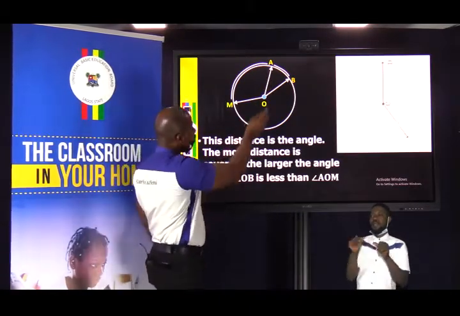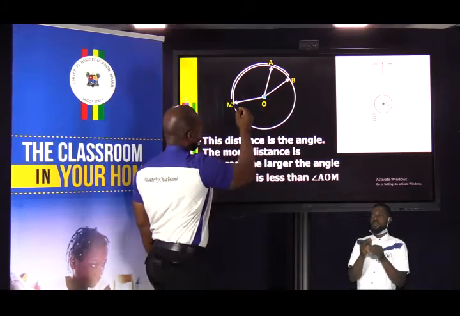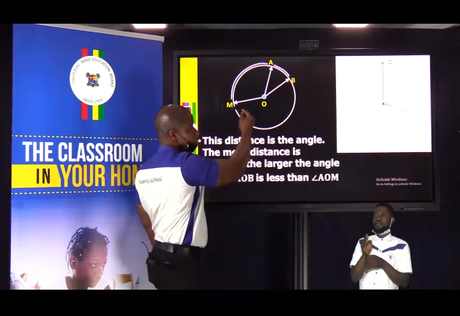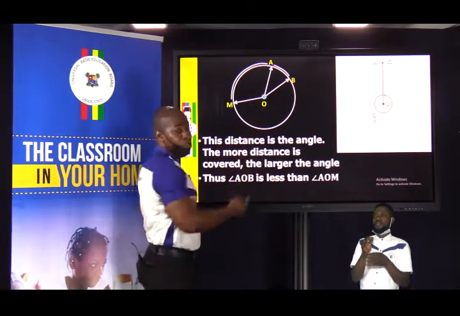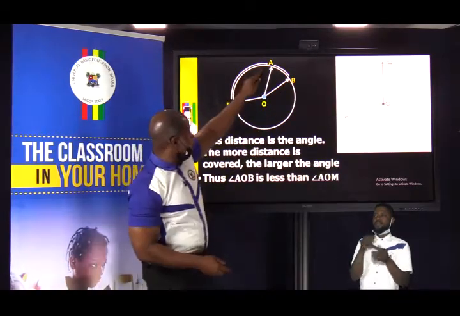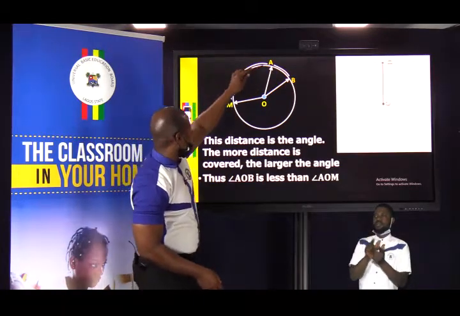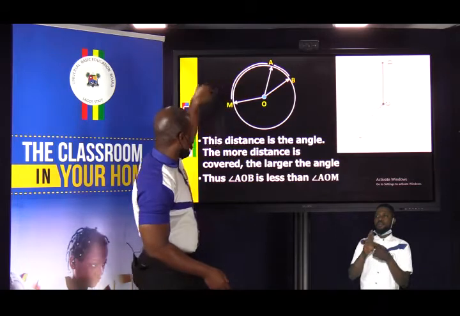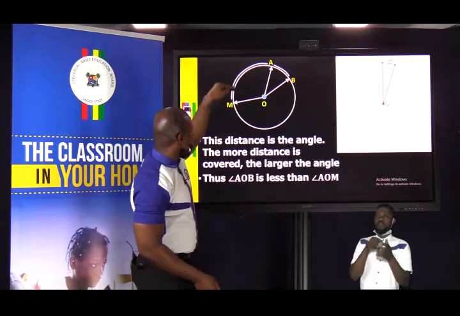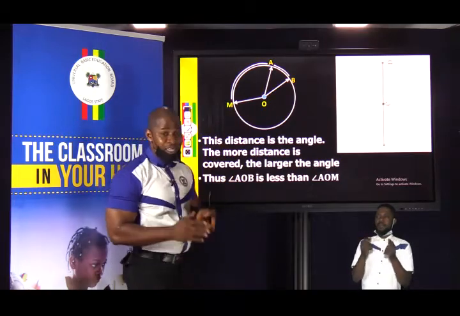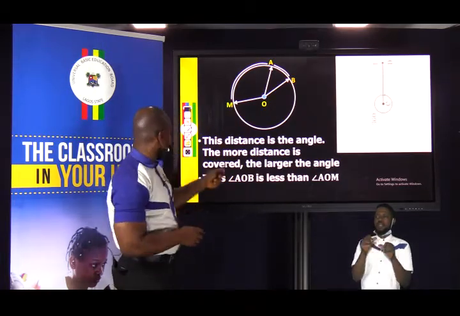But that angle is smaller than MOB, because if this is M, we assume that it starts from here and it has gone round and it has gotten to this point, and that space is obviously bigger. So this angle A to B is actually smaller than M to B or A to M. This one is bigger than this, and this one is bigger than AOB. So this space again is the angle.